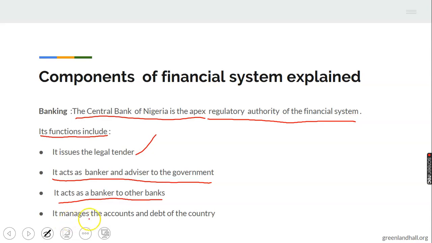Also, it manages the accounts and debt of the country. So the central bank is the one that has the details of the level of indebtedness of the country and the amounts that have been repaid.